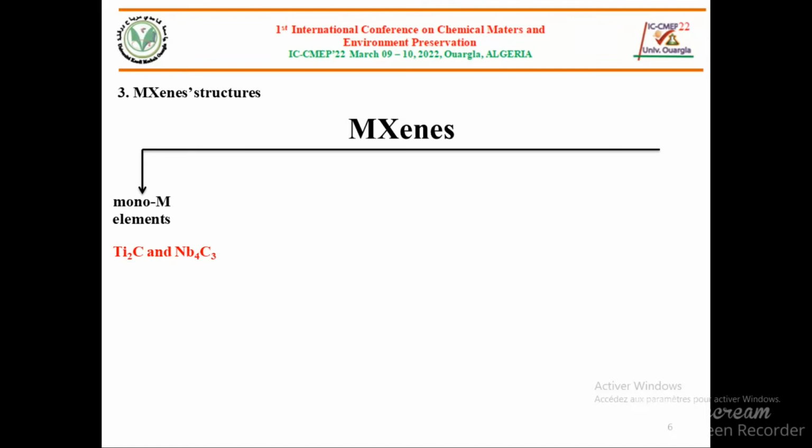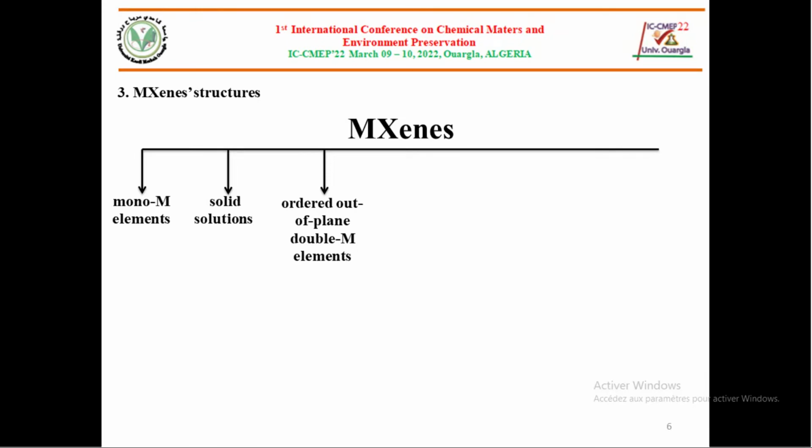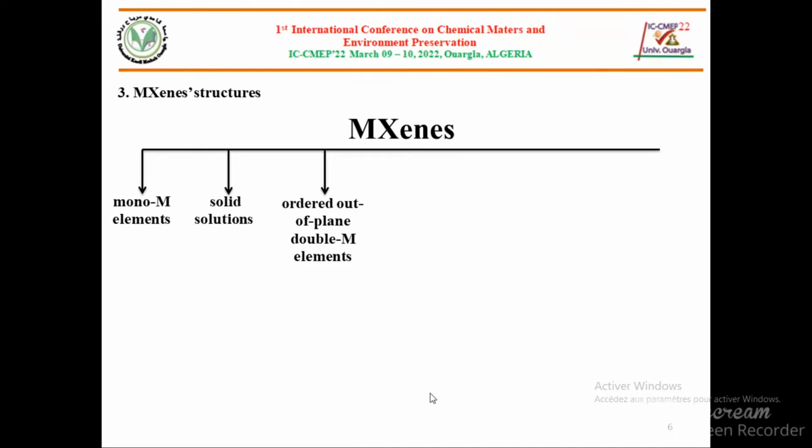Mono-M elements, for example Ti2C and Nb4C3, solid solutions such as TiV3C2 and CrV3C2, and ordered out-of-plane double M elements, in which one transition metal occupies the external layers, usually chromium and molybdenum, while the central ones are filled by another metal, for example Mo2TiC2 and Mo2Ti2C3.